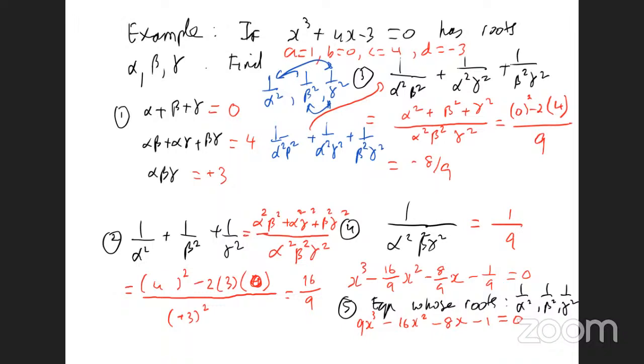All right. So the next method looks like this. Remember we had the equation, x cubed plus 4x minus 3 is equal to 0.